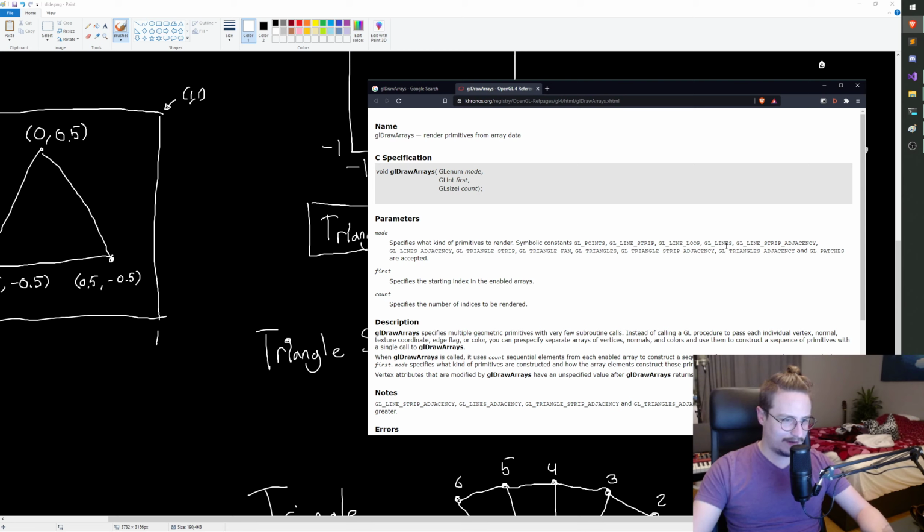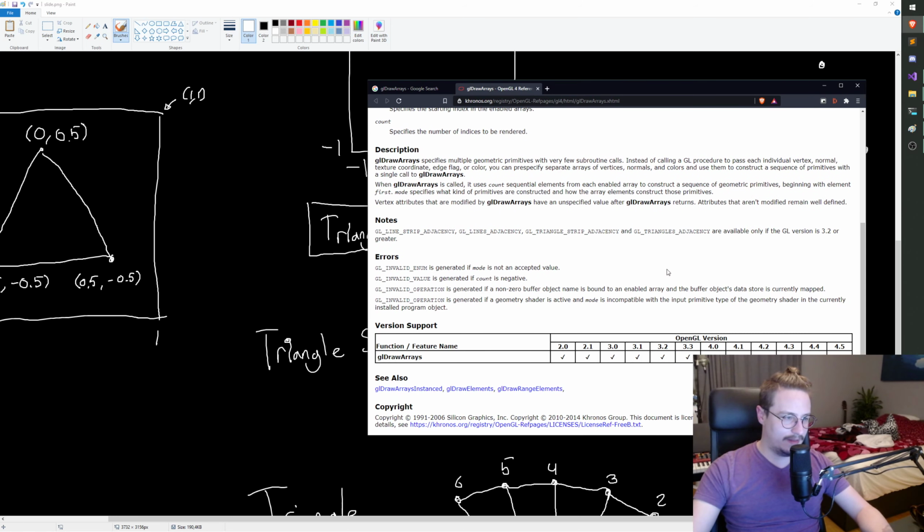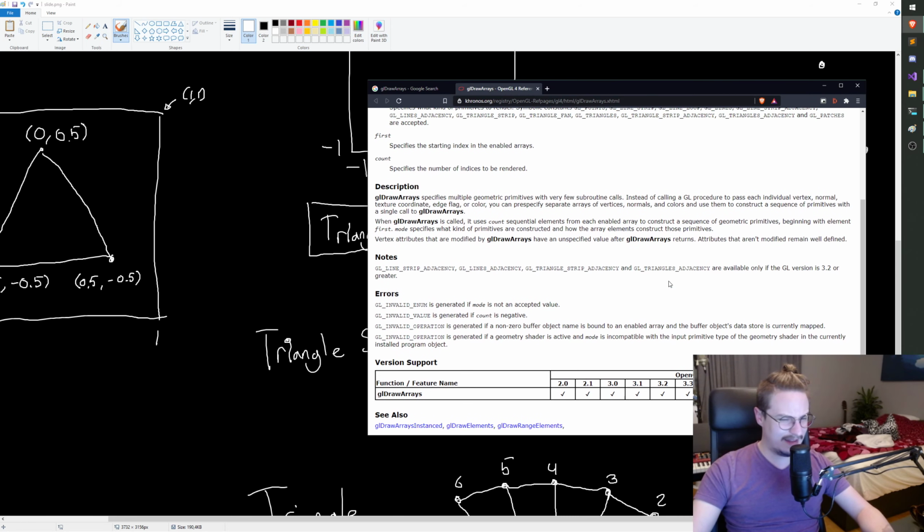No, they have deprecated it, because before it was GL quads, and that was taking 4 vertices at a time and making 1 quad, and then taking 4 again and making 1 quad. So we'll just draw quads, but that was never used, as far as I know, in actual game engines, because you're limiting yourself to only using quads.